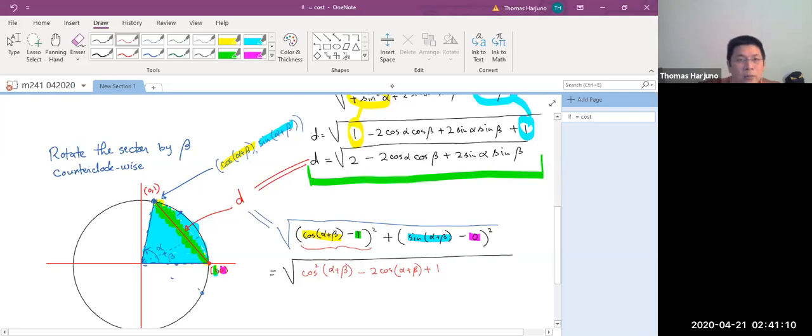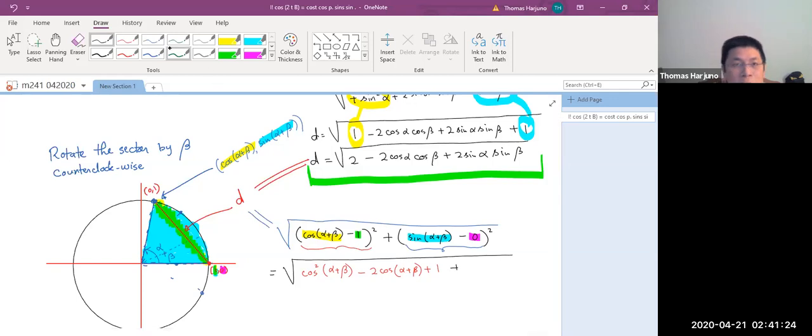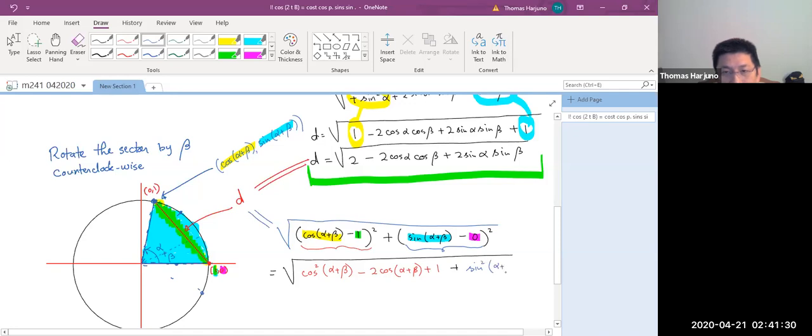While this part here, well, you subtract by 0. That's basically the same thing. When I square it, it becomes plus sine squared of alpha plus beta.